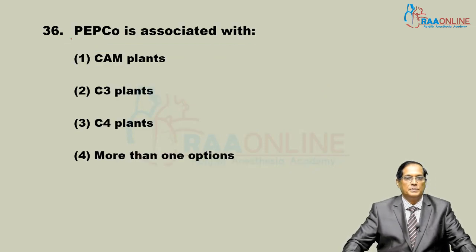PEPCO, full name PEP carboxylase. PEP carboxylase is associated with the CAM plant as well as the C4 plant.